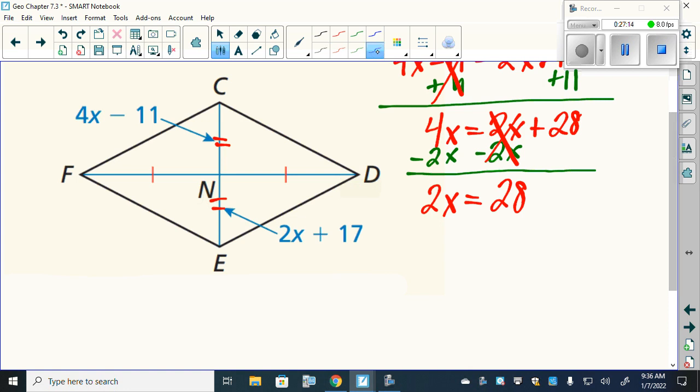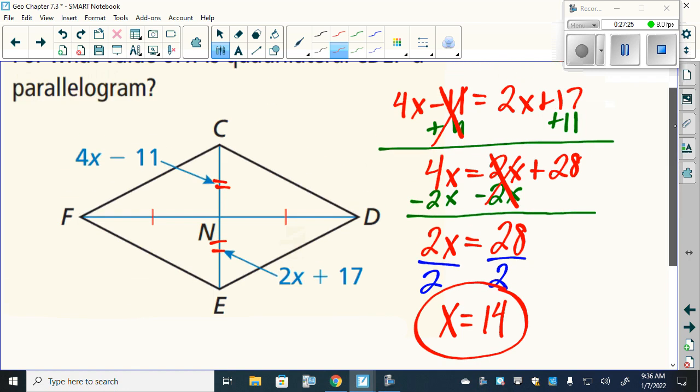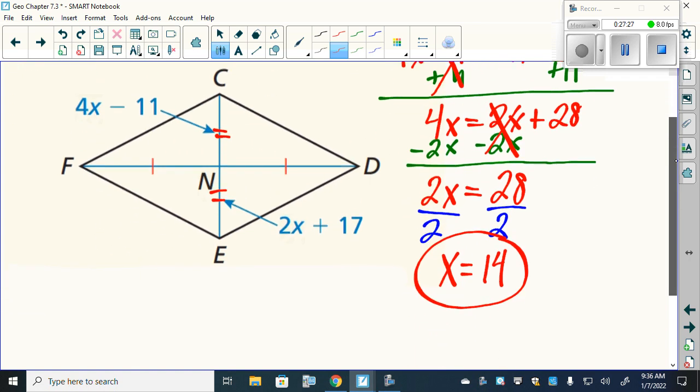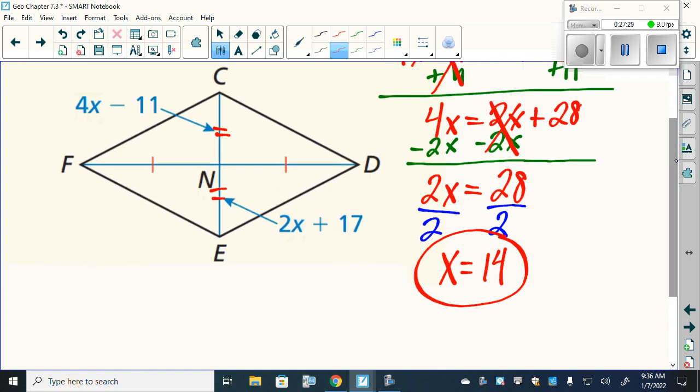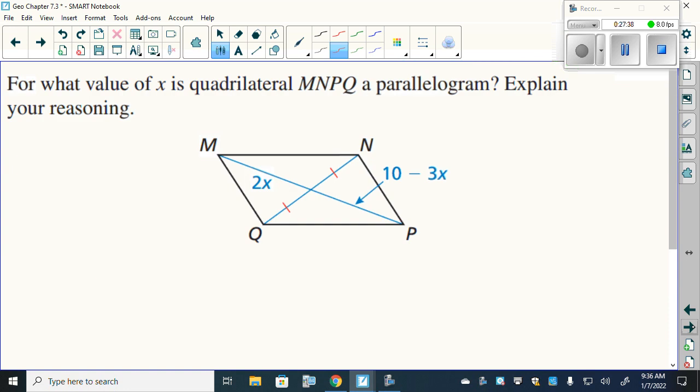And lastly, we would divide both sides by 2, telling us x is equal to 14. And that's it. Any questions on any of this here? Do y'all feel comfortable with this here? Okay.